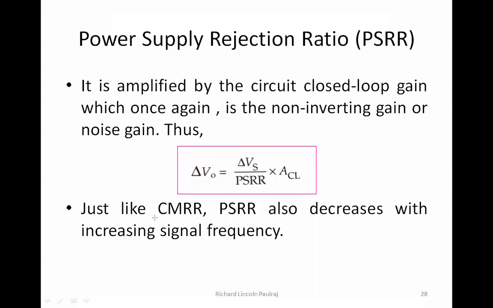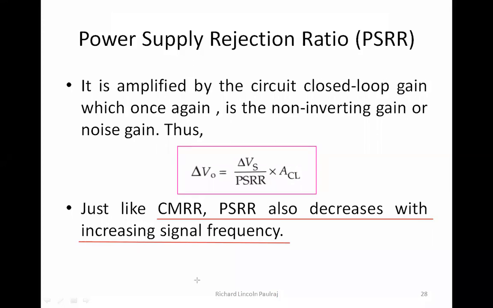So in CMRR, we saw that if the frequency increases, then what's going to happen? Inversely proportional, right? So the same thing happens here also. PSRR also decreases with increase in signal frequency. So CMRR and PSRR both are the same.